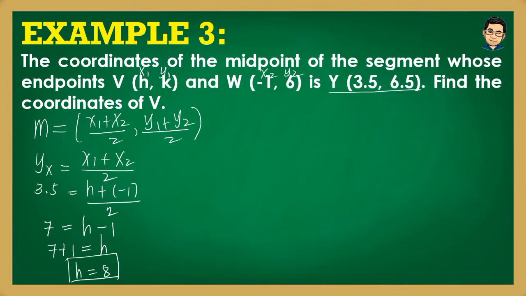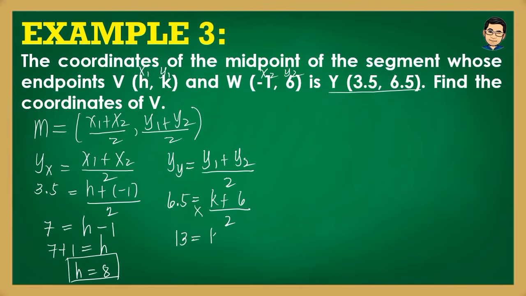Next, dun tayo sa y. So, yung y-coordinate ng Y na midpoint is 6.5 equals yung y sub 1 k plus yung y sub 2, 6 all over 2. And then 6.5 times 2 is 13 equals k plus 6.